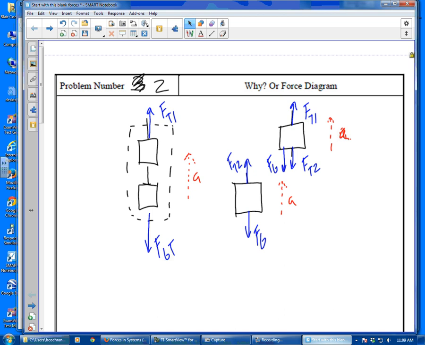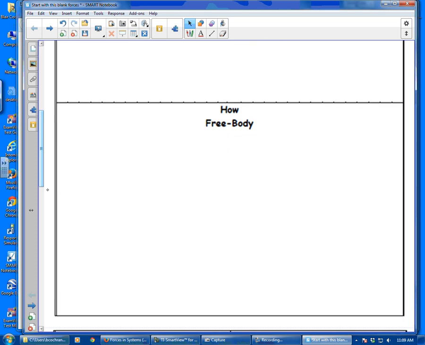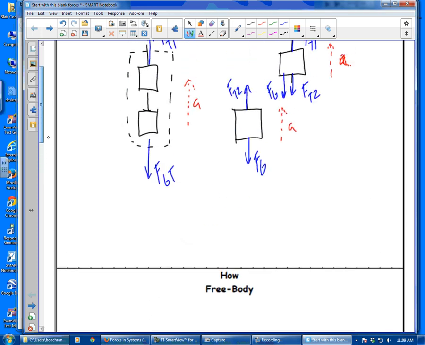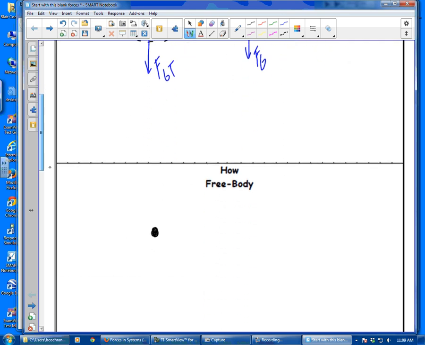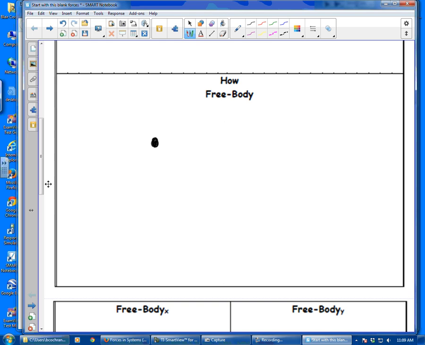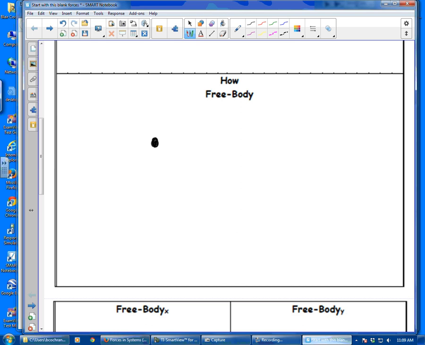So, I need to start off drawing a picture of my equation. I do that in the free body. I need to write my inertia next to it. I've got both buckets in my system, and I'm told the inertia of each bucket is 3.3. That means the inertia of my system is 6.6 kilograms.